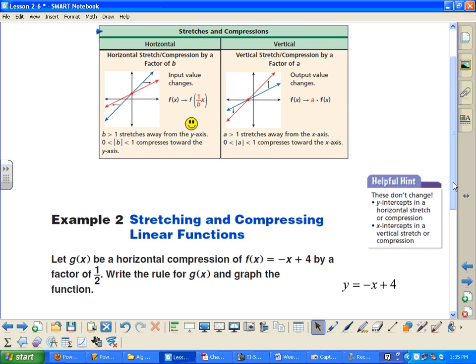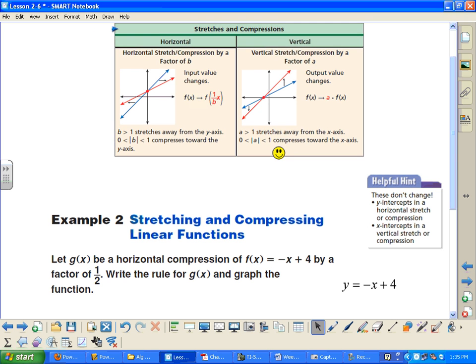So notice something, okay? Look at this. When b is greater than 1, it stretches it away from the y-axis, okay? Which means it does what? Pulls it this way, right? Away from the y-axis. If it stretches something away from the y-axis, it's actually compressing it towards the x-axis.